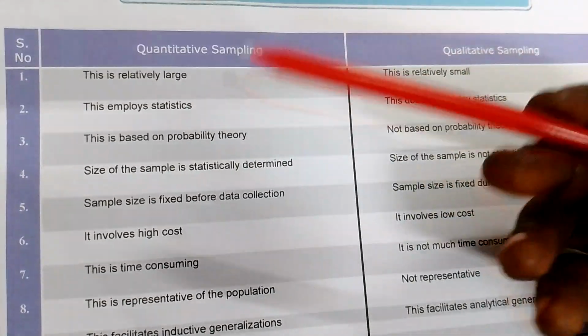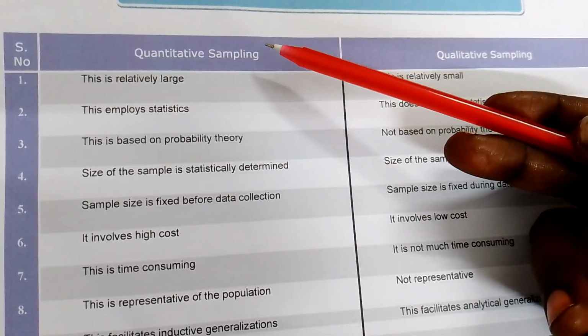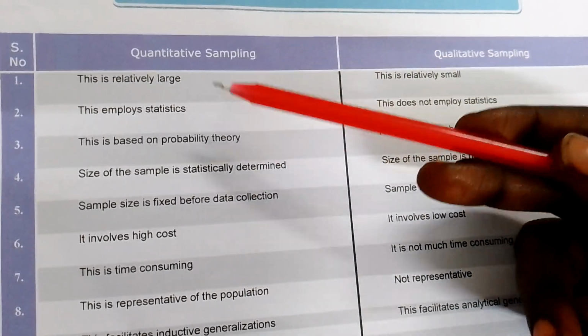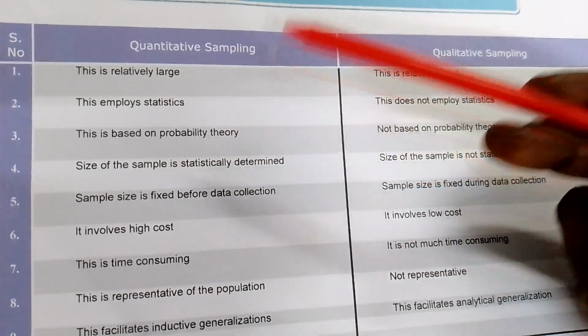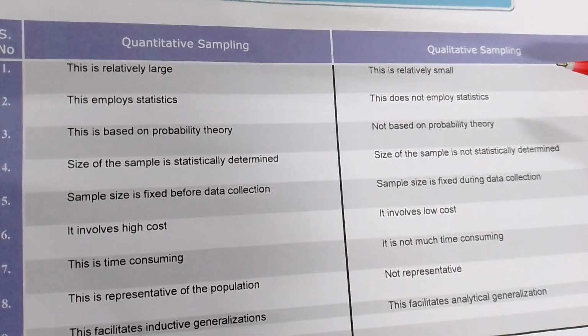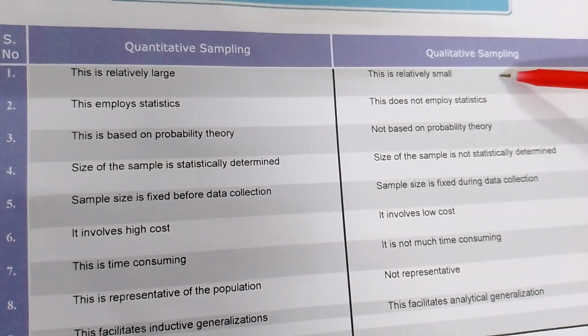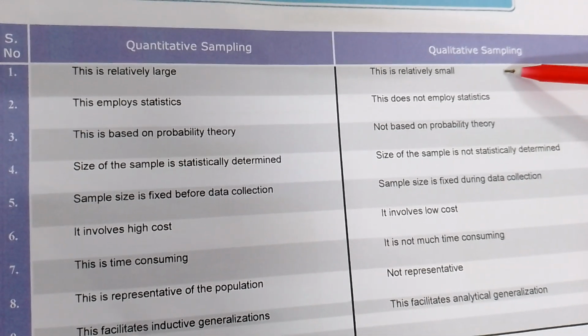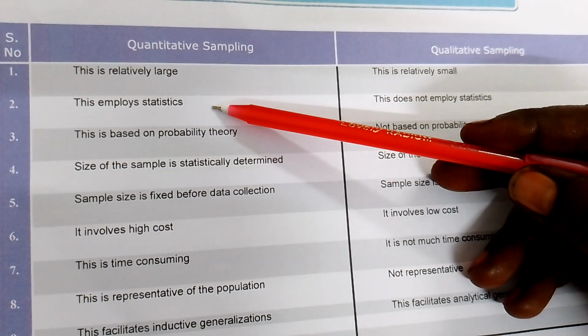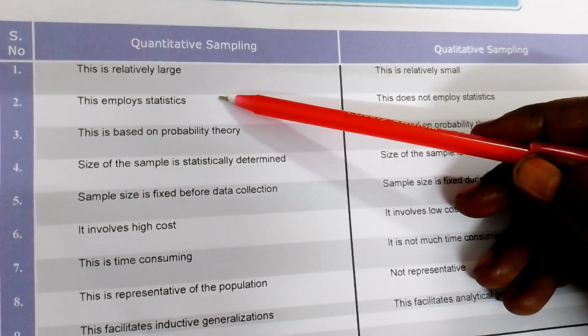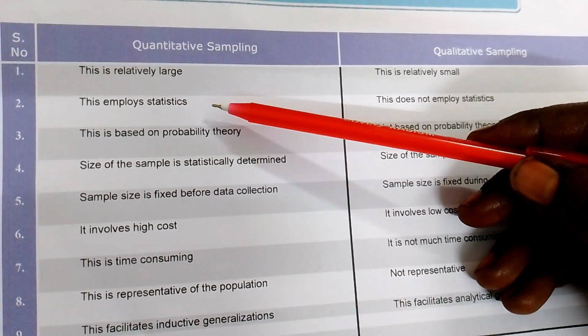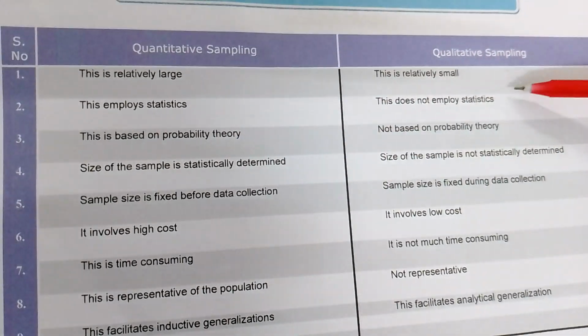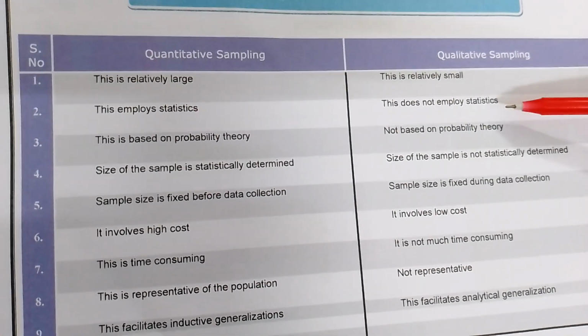We do sampling calculation with previous studies and power analysis, and we determine what my sample size and method will be. But in a qualitative study, sample sizes are very, very small. Quantitative mainly employs statistics, as I told you, previous studies and statistical tests for power analysis. But here it does not employ any statistics.